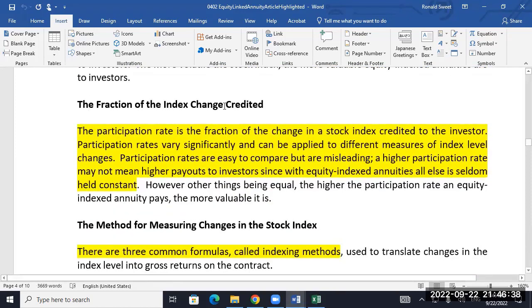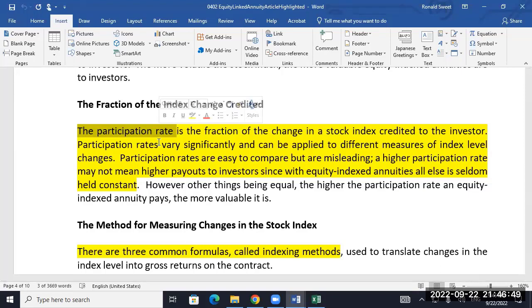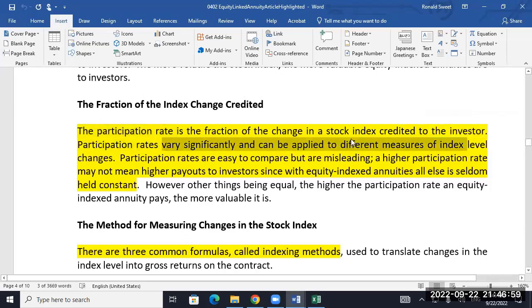The fraction of the index credited, the participation rate, is extremely important here. The participation rate tells you how much of the stock market you actually participate in. That seems like it'd be really simple, but participation rates vary significantly and are applied to different measures of index level changes.